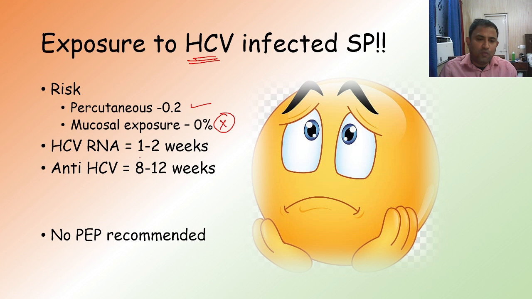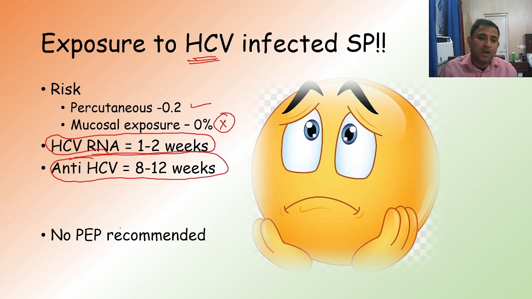If the exposed person gets infected, the HCV RNA will turn positive within 1 to 2 weeks, and anti-HCV antibodies will become positive in 8 to 12 weeks. At present, there are no recommendations of any PEP to be given for exposure to an HCV positive person.